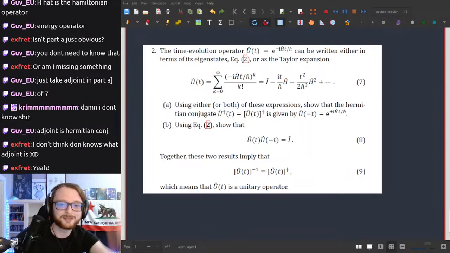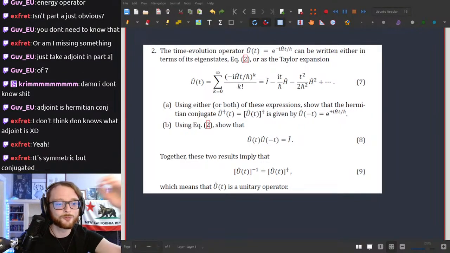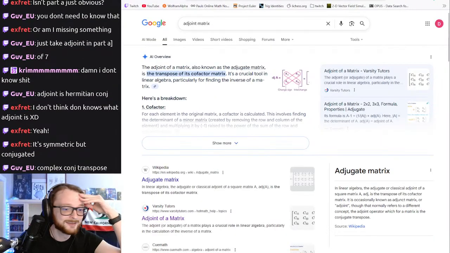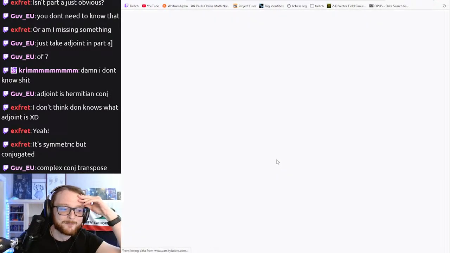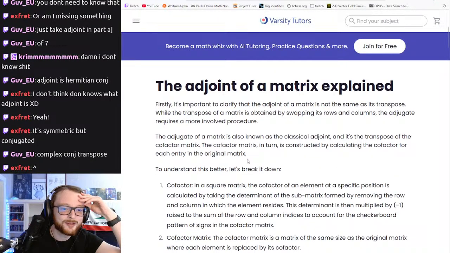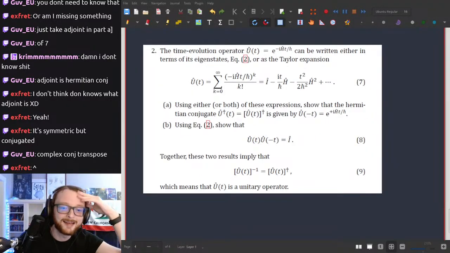I've seen adjoint, I'm trying to remember what it is. Maybe I should dig in my Google instead. That's probably a better idea. Complex conjugate transpose. Okay, I can get behind that.